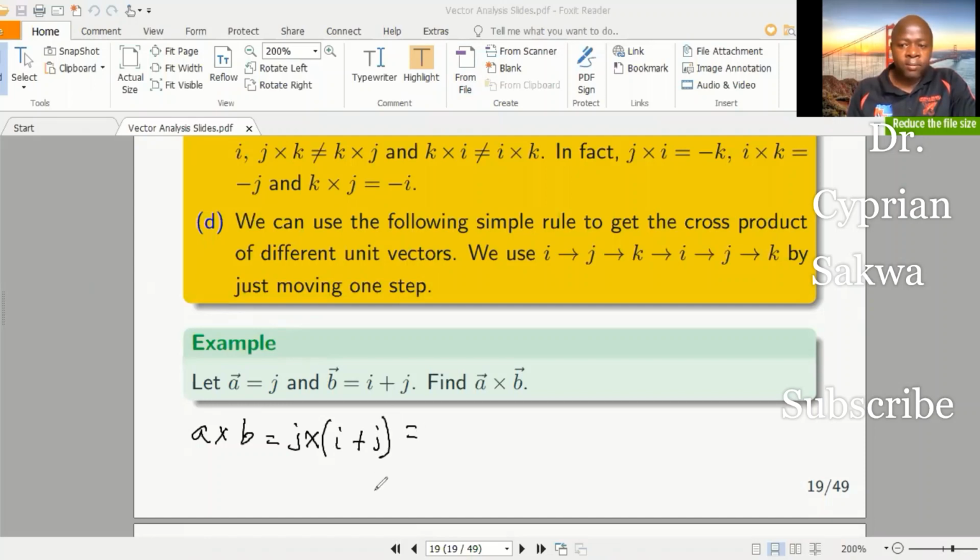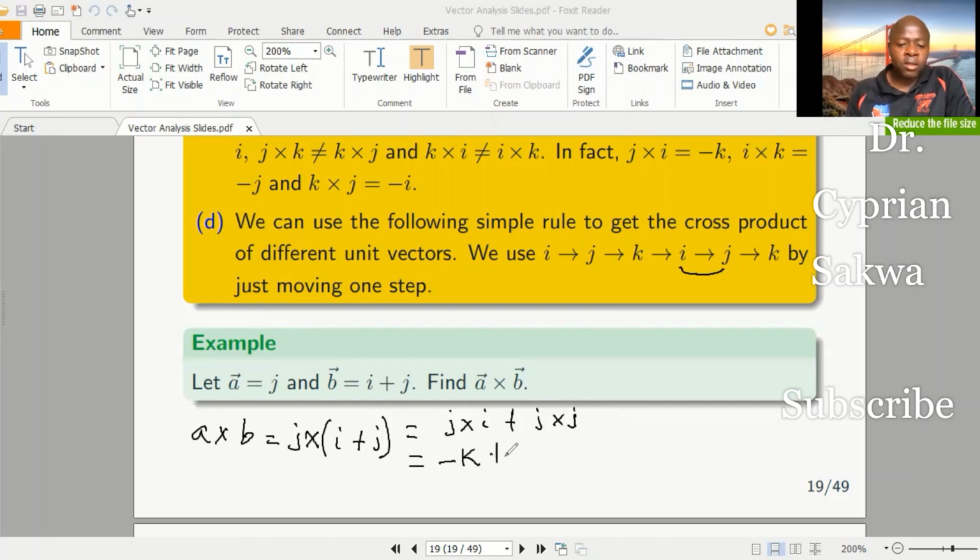So just do this, bearing in mind our multiplications above. When we distribute this, we would have J cross I plus J cross J. J cross I, we already know the answer will be negative K, since this is J, I. What about J cross J?